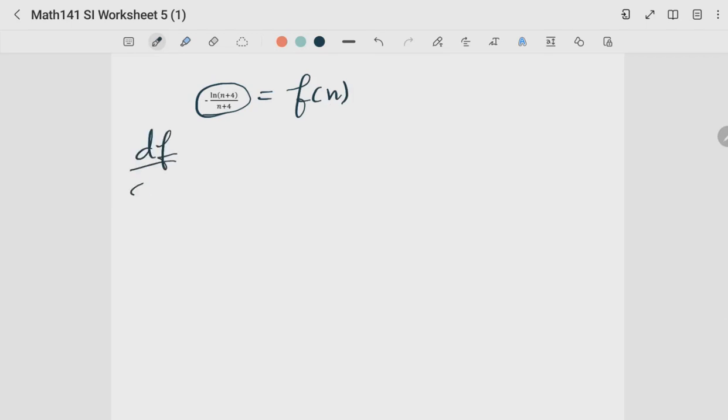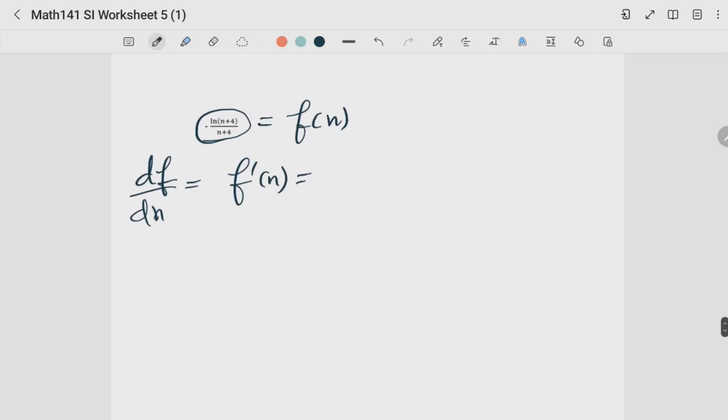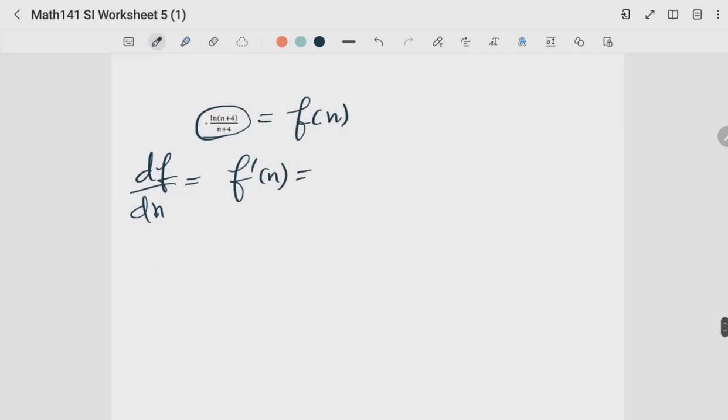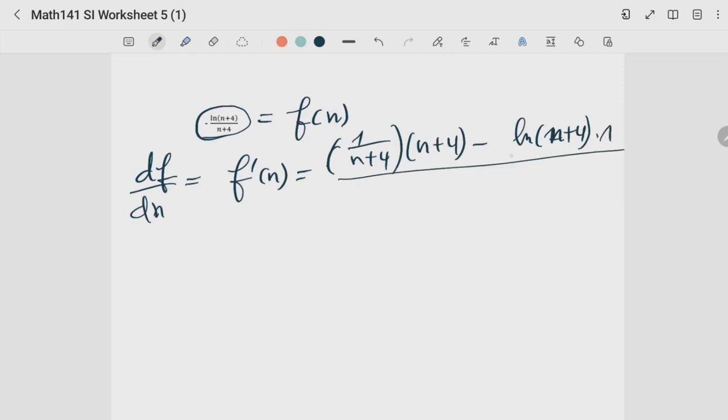Then df of dn, which is equal to f prime of n, is just equal to the derivative of, use the quotient rule, derivative of the numerator, which is 1 over n plus 4, multiplied by the denominator, n plus 4, minus the numerator, ln of n plus 4, times the derivative of the denominator, which is 1, all over the denominator squared, so n plus 4 squared.